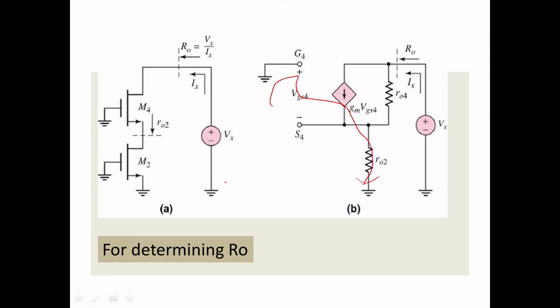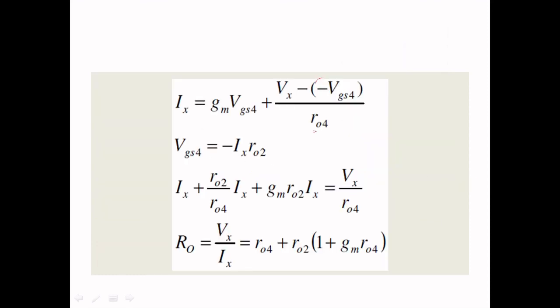Entering at a plus, leaving at a minus: minus VGS4 minus Ix r02, the current term, equal to 0. So when you rewrite, VGS4 equal to minus Ix r02, so this only I am taking here.